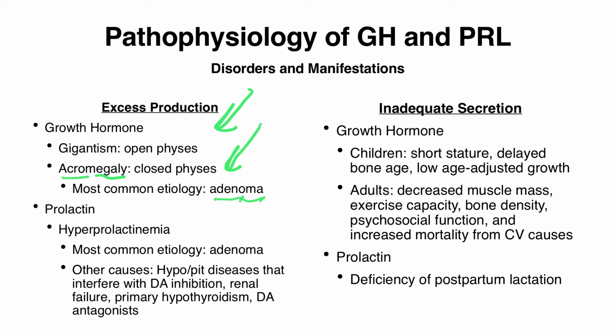So different hypothalamic or pituitary diseases that alter dopamine secretion or dopamine manufacturing, kidney failure, primary hypothyroidism, which will alter levels of TSH and TRH production, and also taking medications like antipsychotic medications, which are dopamine antagonists, will alter prolactin production.